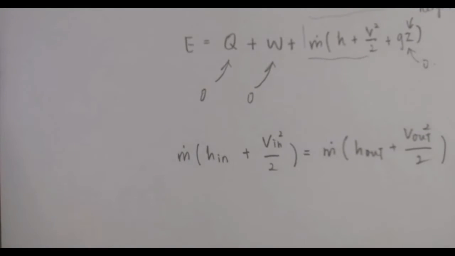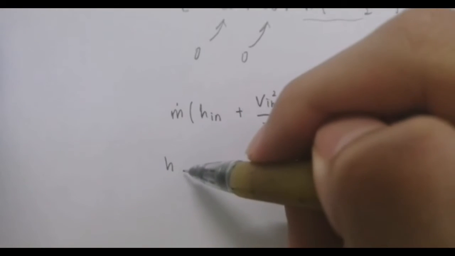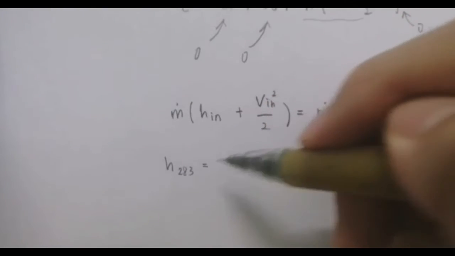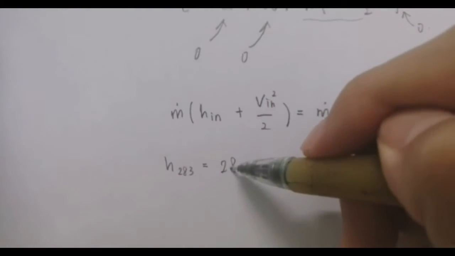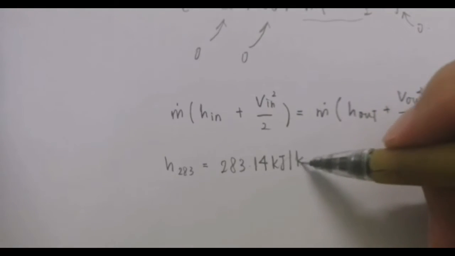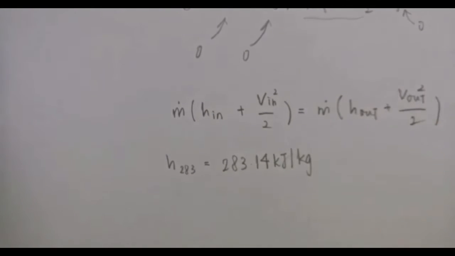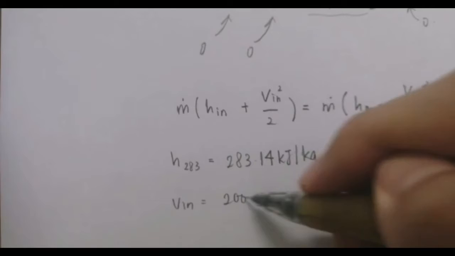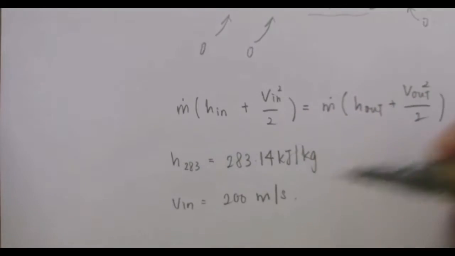The enthalpy at the temperature 283 Kelvin is equal to 283.14 kilojoule per kilogram, and the velocity in is equal to 200 meter per second.